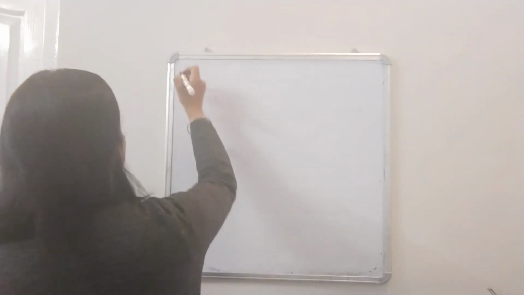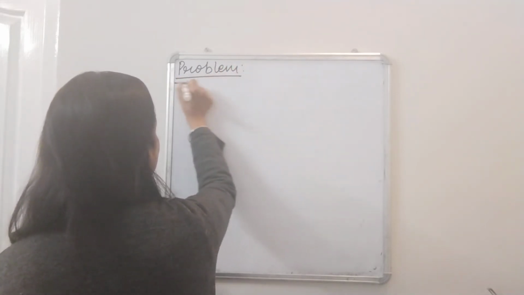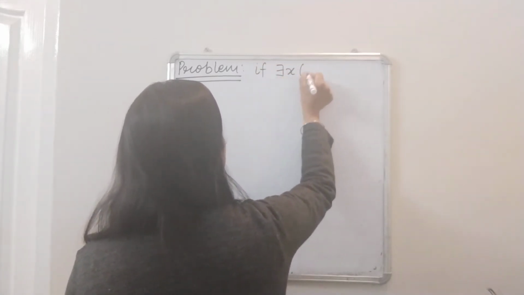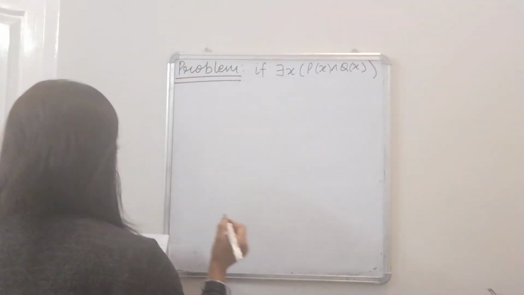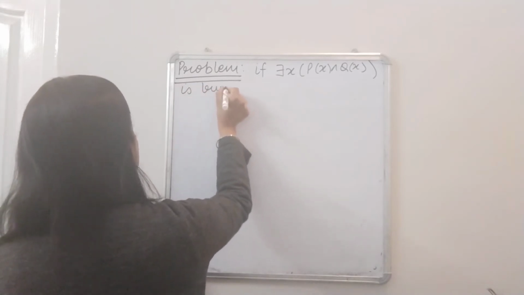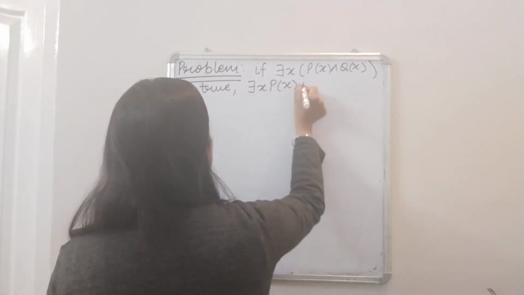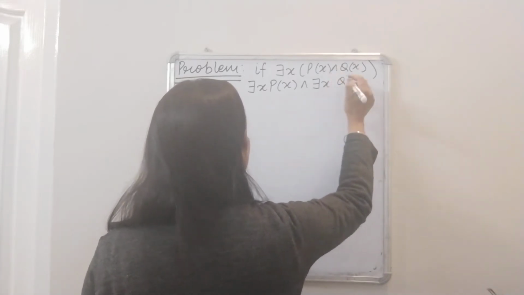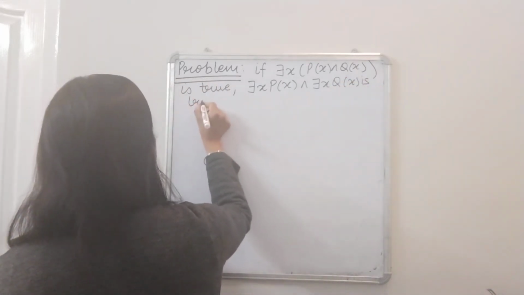The problem here says that we have to show that if for some x, P(x) and Q(x) in conjunction are true, then for some x P(x), and for some x Q(x), is also true.